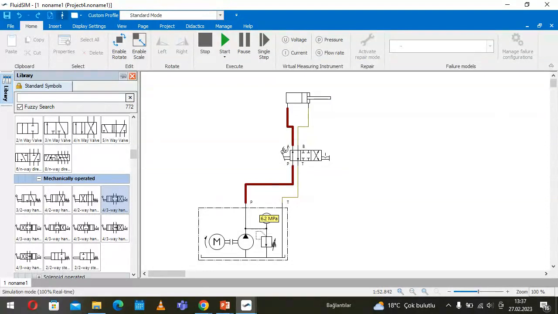So in the middle position, we can keep the piston inside of the cylinder somewhere in the middle like this.